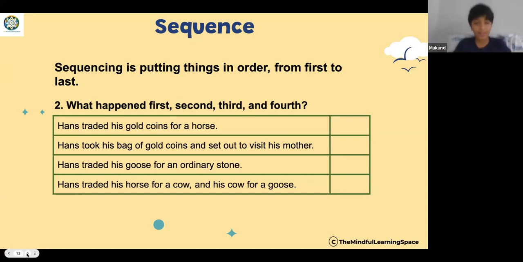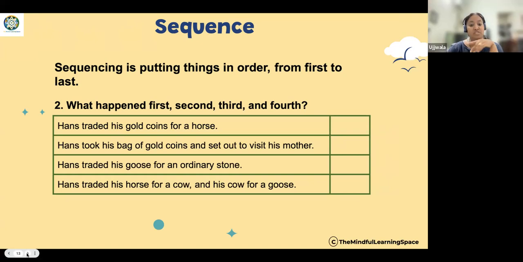Yep, this one. Okay. I think it's Hans traded his gold coins for a horse. No, first read all these four lines and then tell me. Take your time, think about it. Don't rush it. Probably I think it's Hans took his bag of gold coins and set out to visit his mother. I think Hans traded his gold coins for a horse.